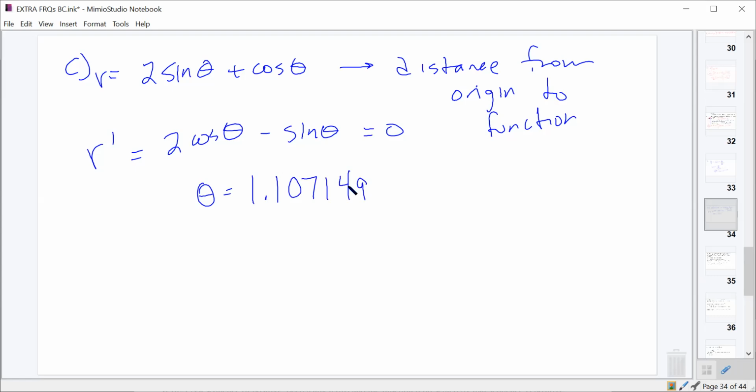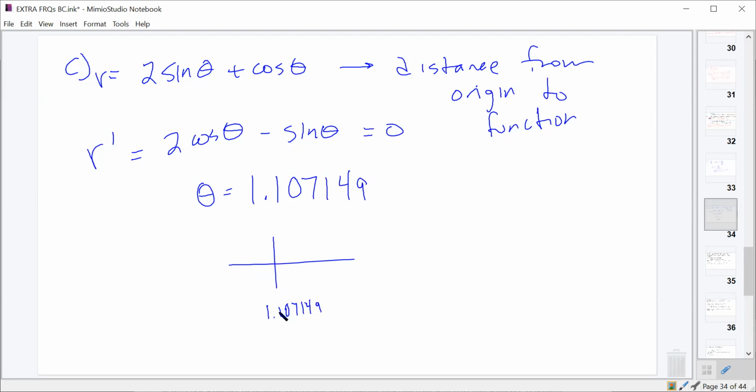And we can't be guaranteed that that's a max. We're not for sure that that's a max. So what do we need to do? We need to make a sign chart to prove that it's a max. So we'll put on 1.107149 and plug in something greater than that, or something less than that. So if I plug in something less than that, let's say like pi over 6.